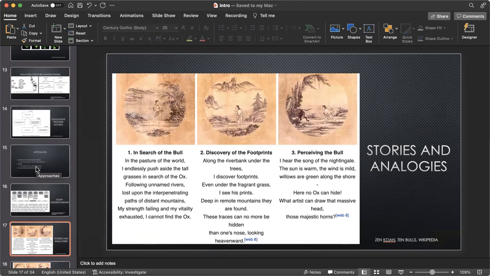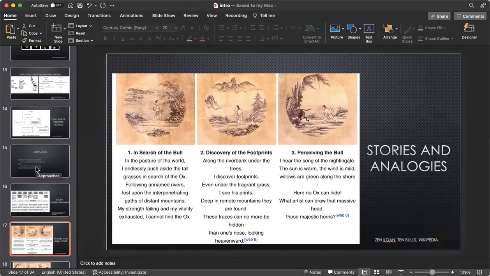The 10 Bulls. What happens in this is there's a farmer who lives in a village, and he has a bull or an ox. One day this bull runs away. The farmer goes in search of the bull. He goes to pastures, journeys across distant mountains, crosses rivers, and still can't find it.